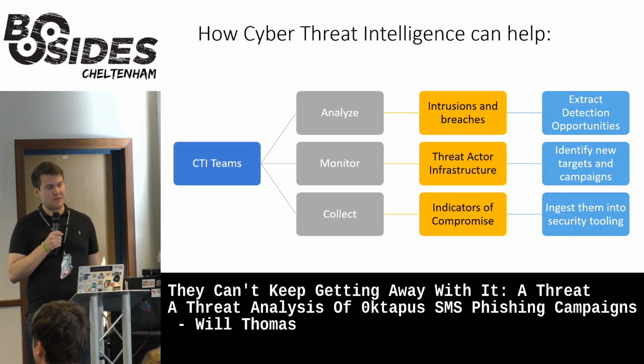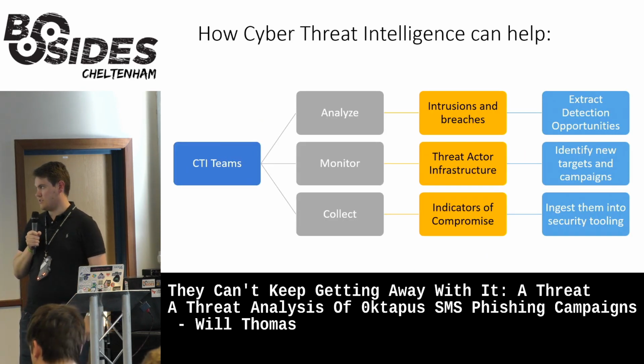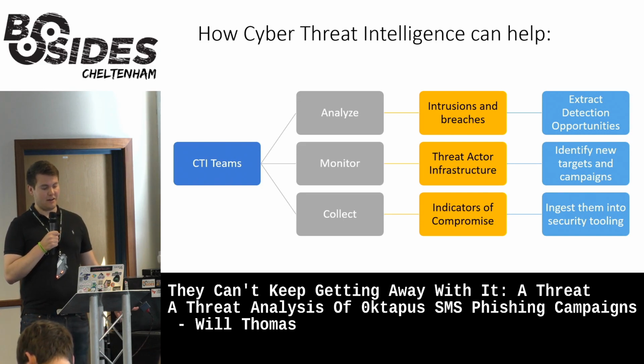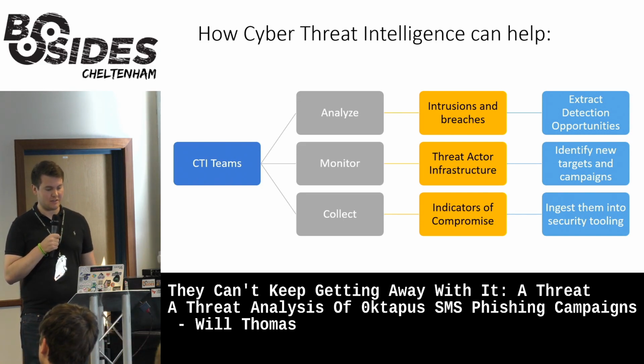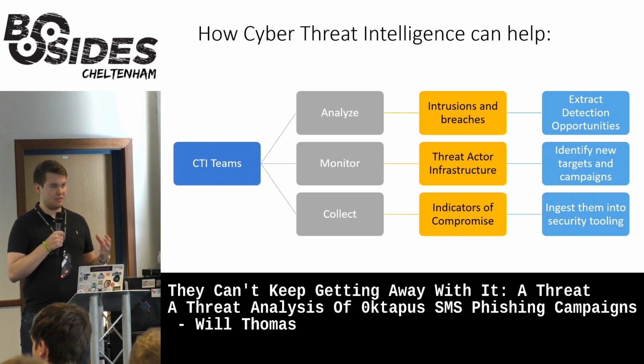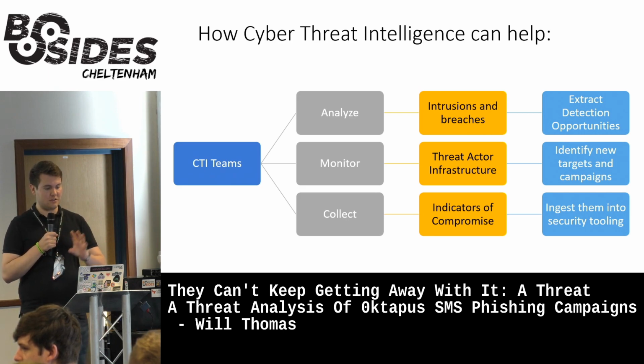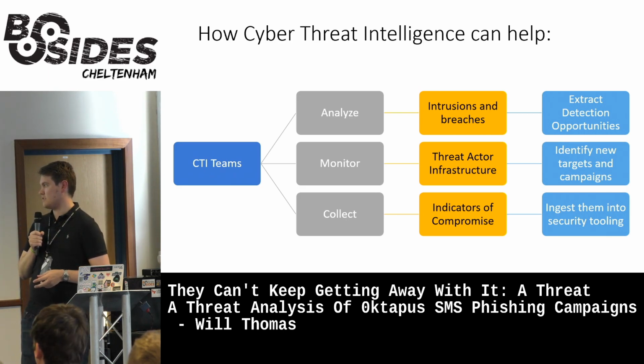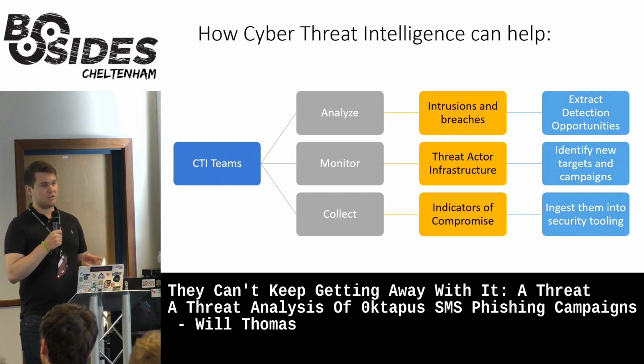So how can cyber threat intelligence help in a situation like this? Well, CTI teams analyze, monitor, and collect information from the threat landscape. As part of a CTI team, we're constantly looking at the latest intrusions, breaches and campaigns. We're extracting the information, creating detection opportunities, and monitoring threat actor infrastructure.